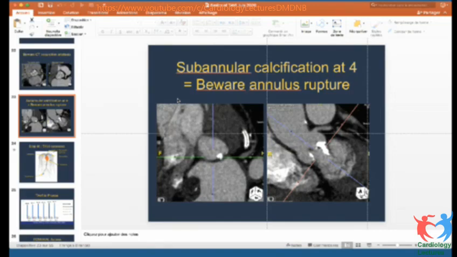If you have a very calcified annulus, like I showed you with this calcification in your annulus, you could have an annulus rupture. When you treat a valve in valve procedure, if you have a 23, let's say, Perimount or Sapien or Edwards or something like this, you can have more mismatch with the balloon expandable valve.